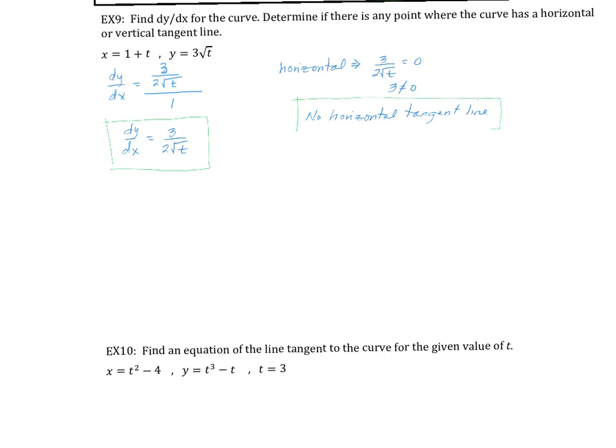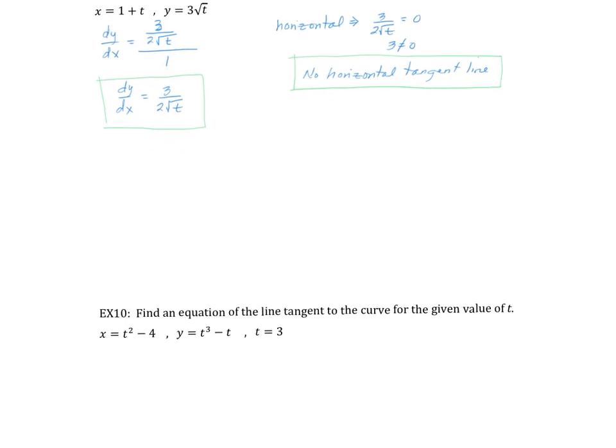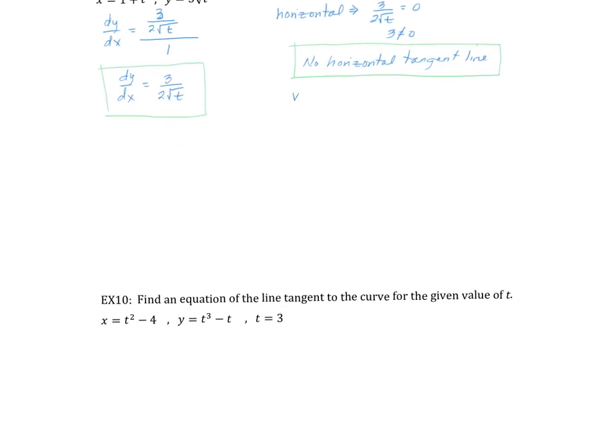So now we have vertical tangent lines where the derivative is undefined. So that means 3 over 2 square root of t is undefined. I could see that the variable t is in the denominator, and this fraction is only undefined when t is equal to 0, because then I'll get 3 over 0, which is undefined.